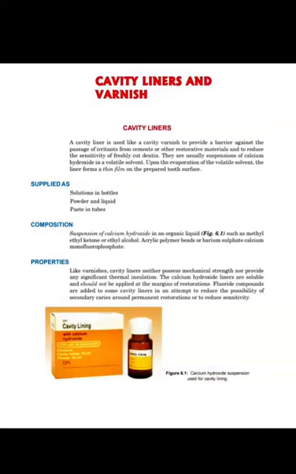If the remaining dentin thickness is less than 2 mm but more than 0.5 mm, then we can use bases. And if the remaining dentin thickness is less than 0.5 mm, then we have to use the cavity liner. So this is the situation in which we can use cavity liner, varnishes and base.